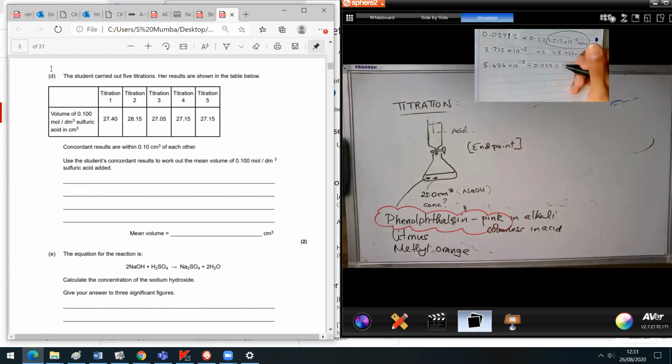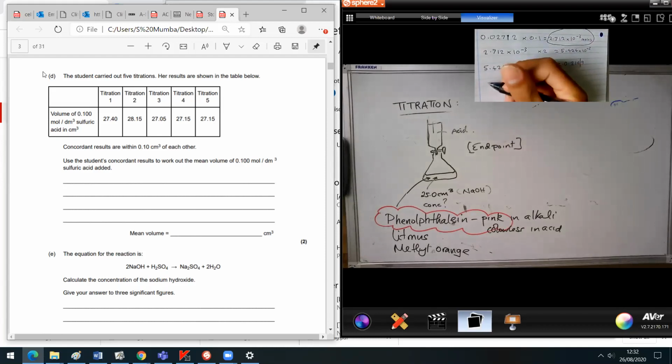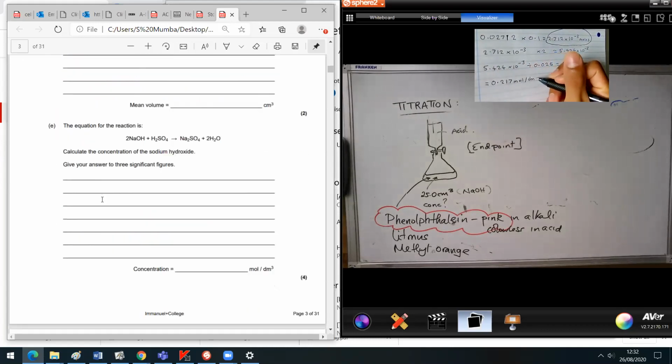And you get 0.0 43 significant figures, 2169. And then you get an answer of 0.217 moles per decimeters cubed. Okay.